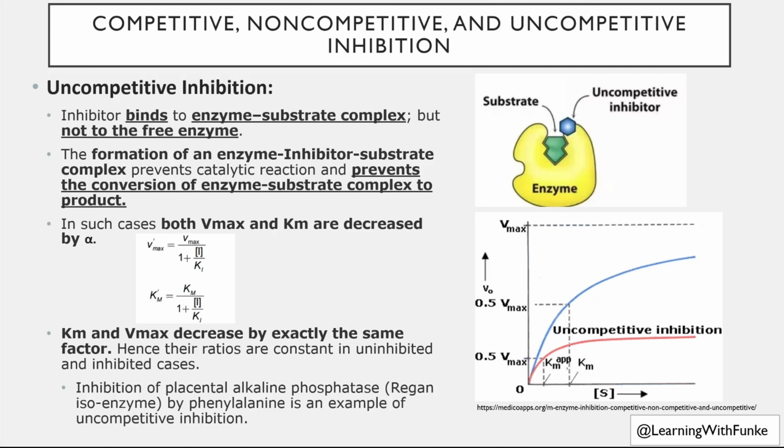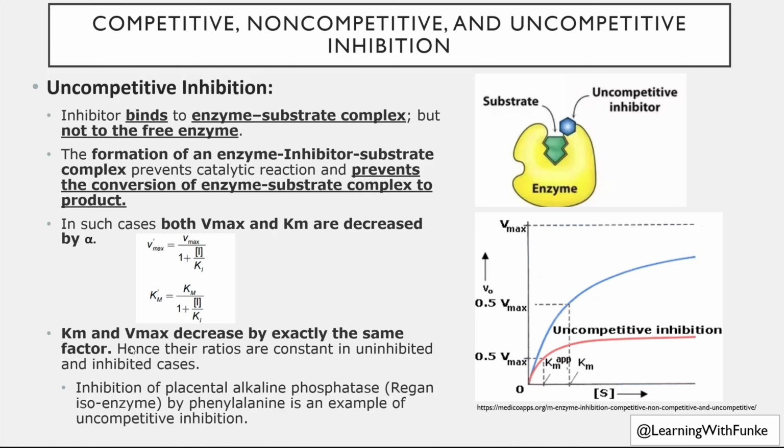So when you see Km divided by Vmax, or Vmax divided by Km, in these scenarios, the ratios are always constant. So Vmax over Km will be equal to Vmax prime over Km prime in the presence of inhibition, right? Because even though Vmax prime and Km prime are both decreasing, they are both decreasing at the same ratio, this 1 plus I over Ki.